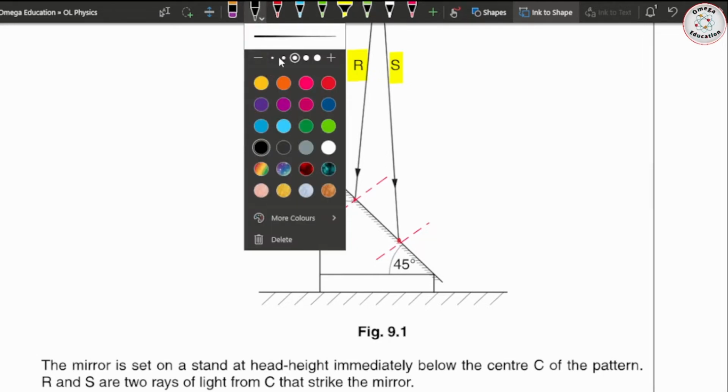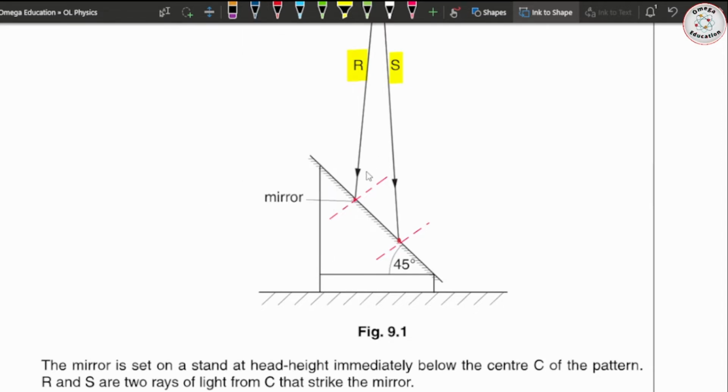So basically, this one is your angle of incidence, and when we're trying to reflect this ray, we reflect it in such a way that the angle of incidence should equal the angle of reflection.